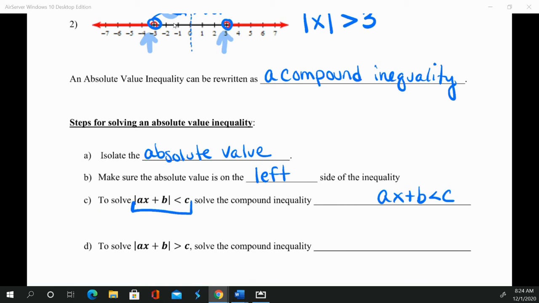And because we know it's going to be an and inequality, we want to follow the direction of the inequality symbol on the right and make that c value negative. This would be the same if we wrote it as ax plus b is less than c and ax plus b is greater than negative c.